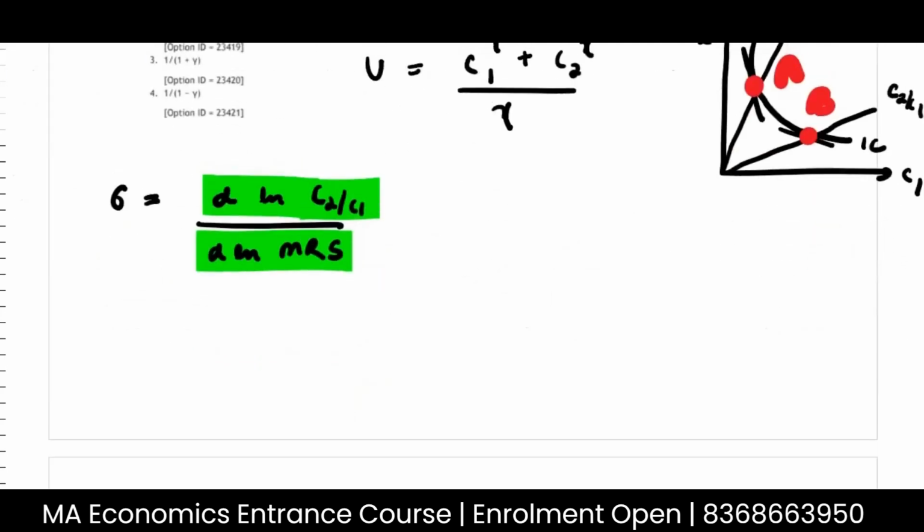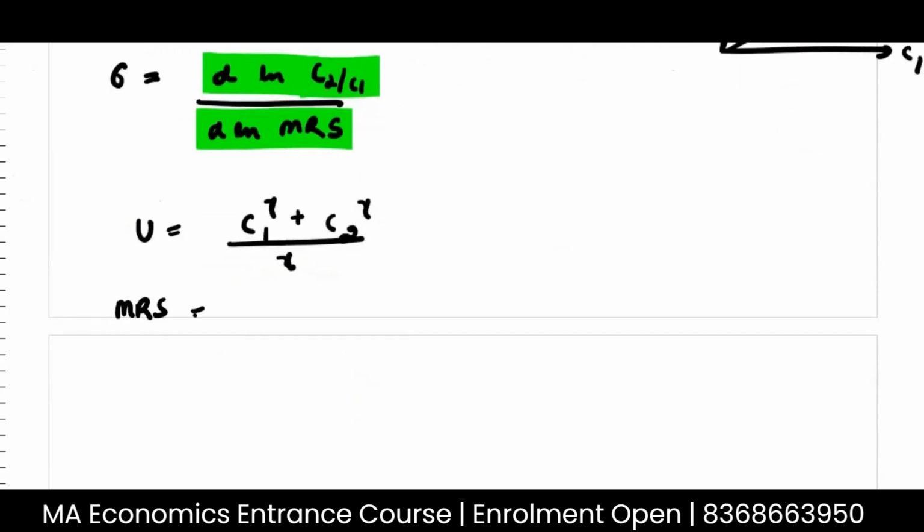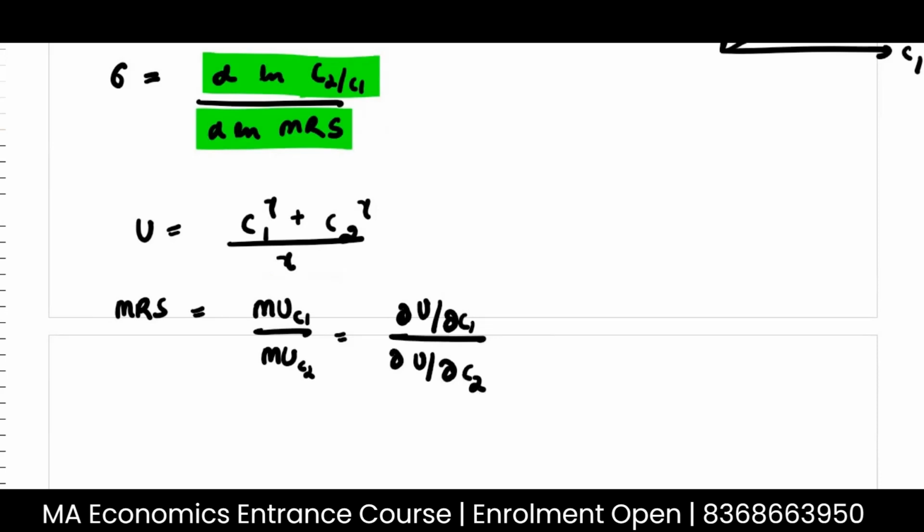So it's very simple. If my utility function is C1 to the power gamma plus C2 to the power gamma upon gamma, I'll find MRS. So MRS will be MU C1 by MU C2. So how utility changes when C1 changes, how utility changes when C2 changes. So if I differentiate with respect to C1, I will get gamma C1 to the power gamma minus 1 upon gamma.